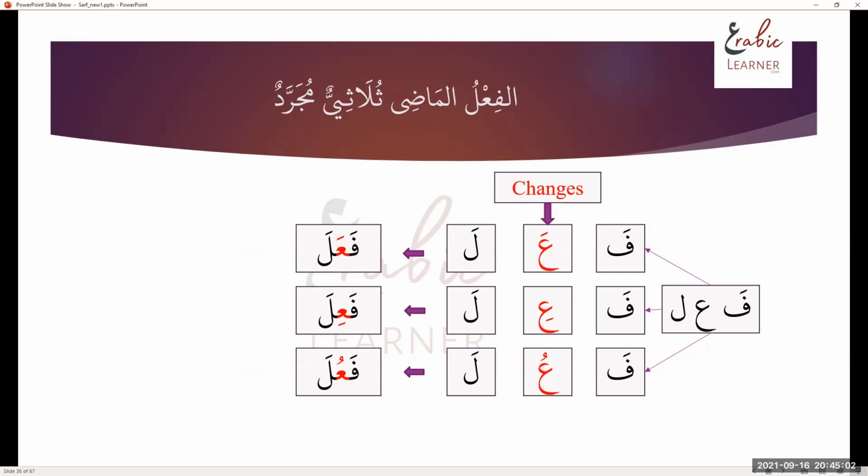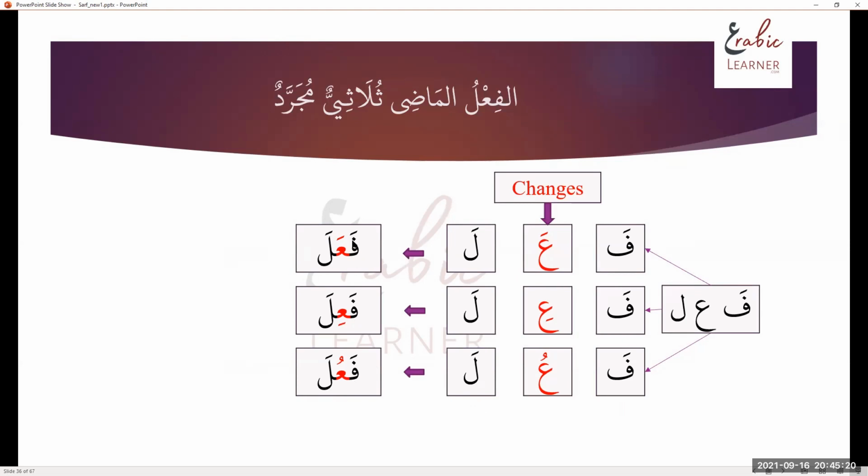So here you have found out there are three combinations of Fi'l Maadi that are possible in Thulathi Mujarrad. But what happens? You derive Mudaare from these Fi'l Maadi.